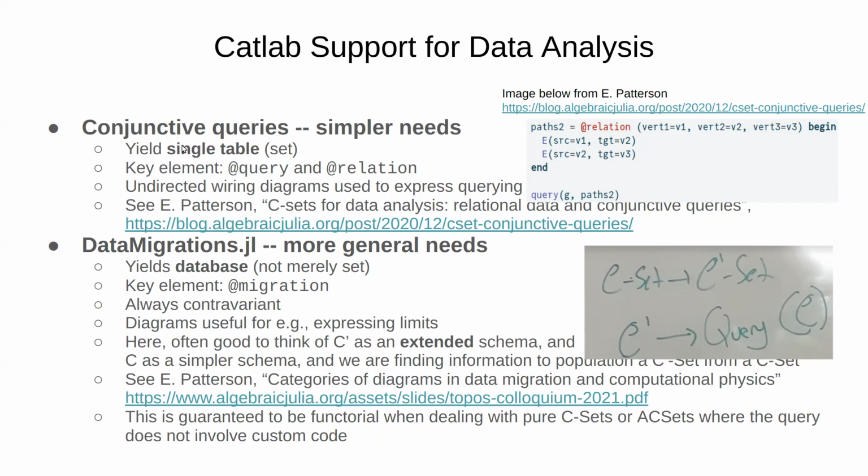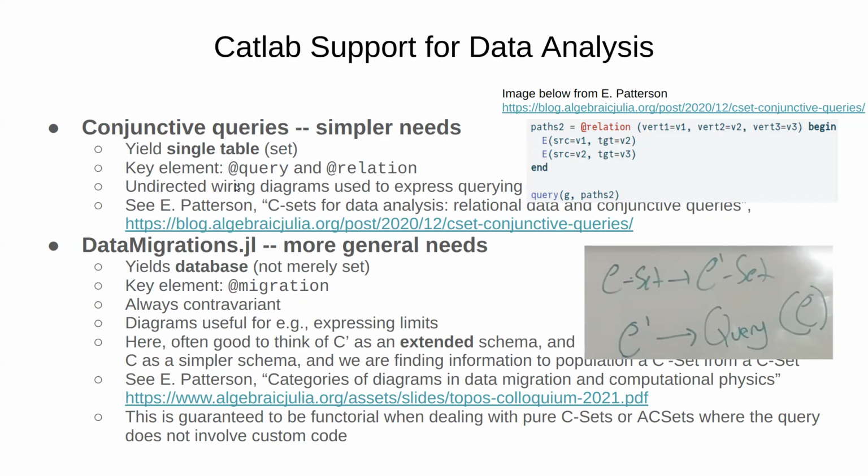So it turns out CATLAB supports both of these. Conjunctive queries, you can perform querying against a CSET. In fact, you can perform querying against a relational database, but there are these key macros called @query and @relation that allow you to extract information.